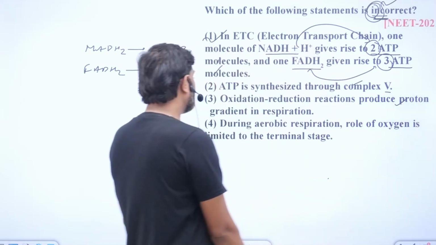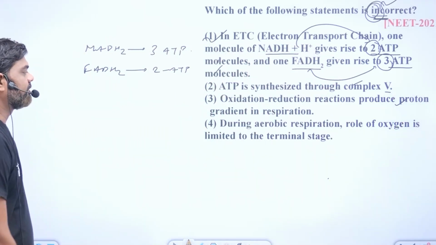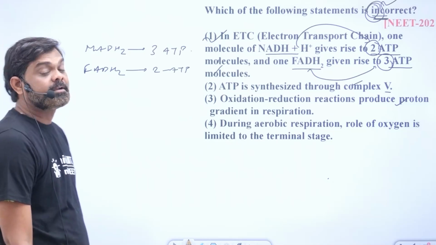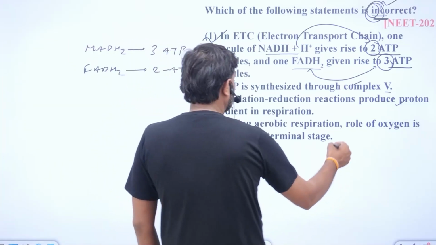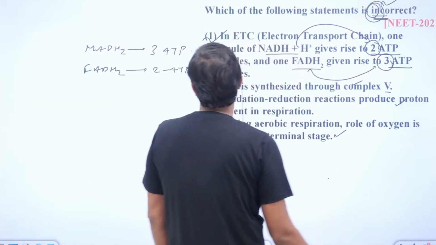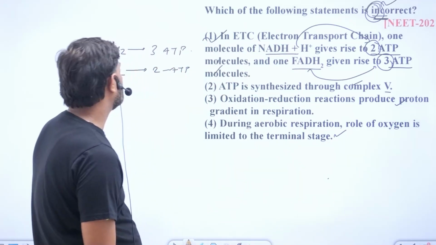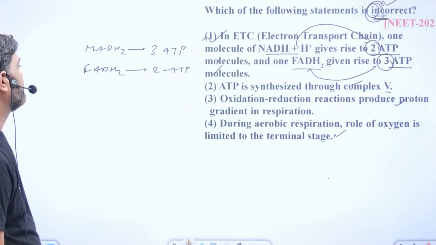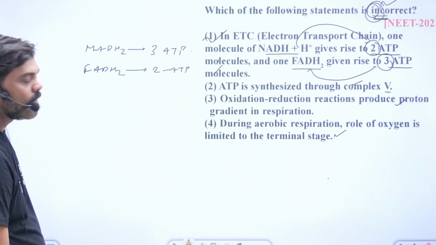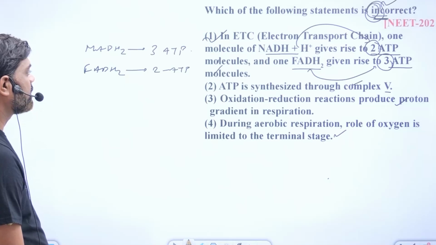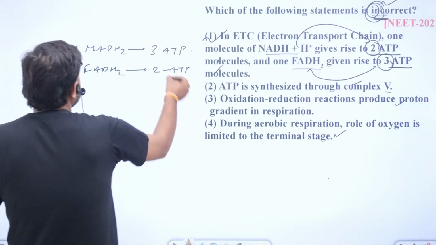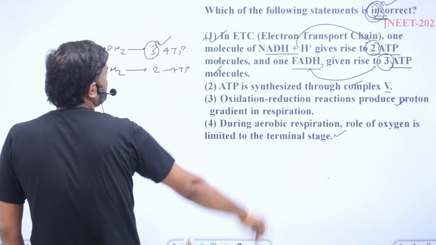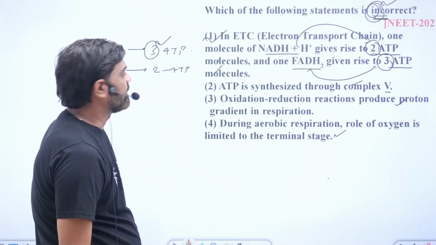During aerobic respiration, the role of oxygen is limited to the termination stage. Right. Means the correct answer is: first, in ETS electron transport chain, one molecule of NADH2 gives rise to ATP molecules. Not 2 ATP molecules, it gives rise to 3 ATP molecules. Means the incorrect answer is first.